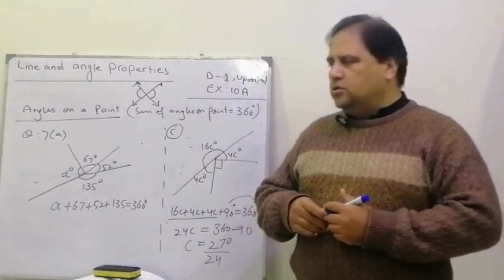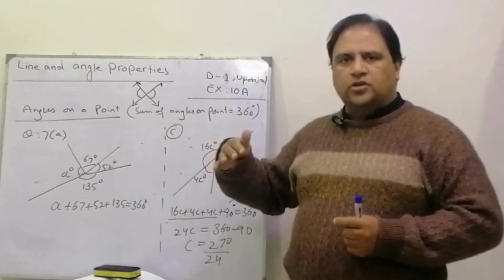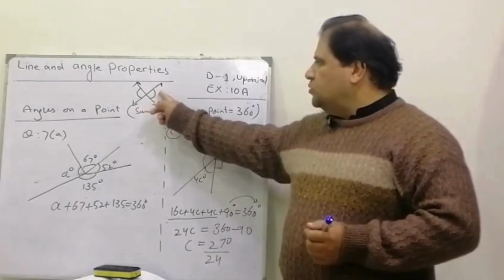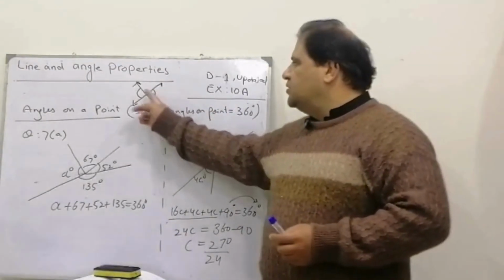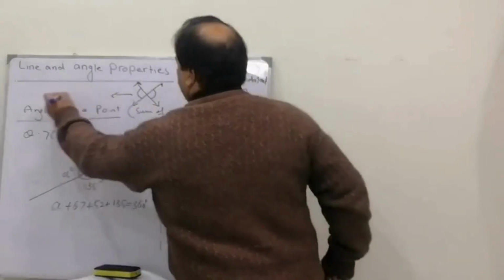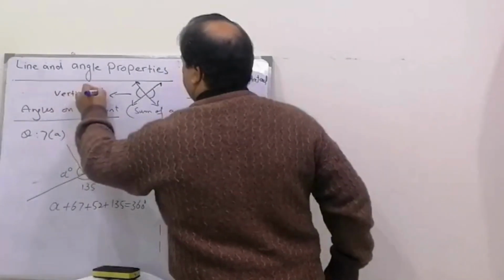I am not doing one more question like this because the video is taking too much time. I want you to understand this concept as well: when two lines intersect each other, the opposite angles are equal, and these angles are known as vertically opposite angles.